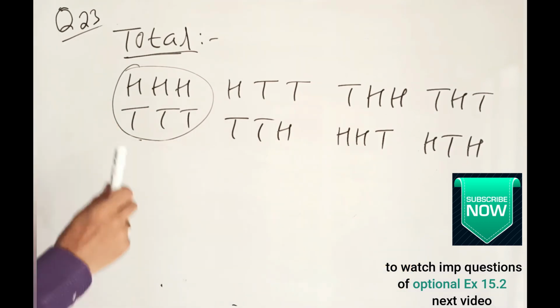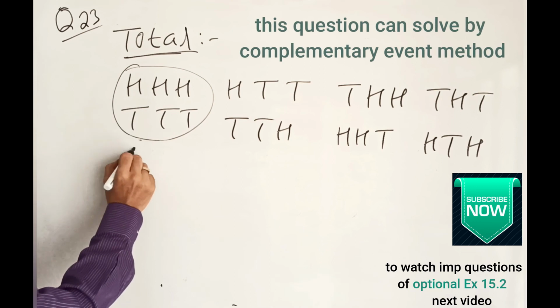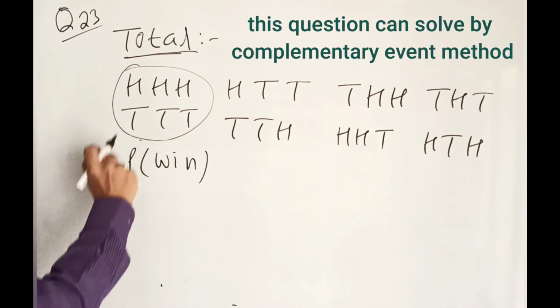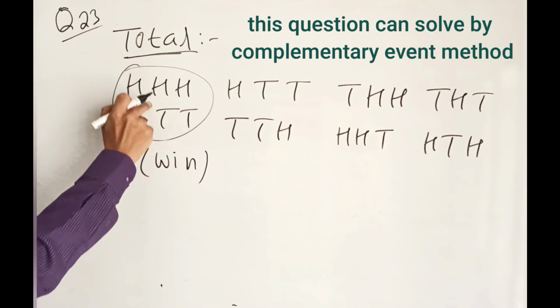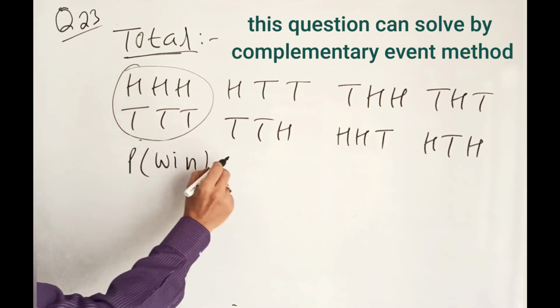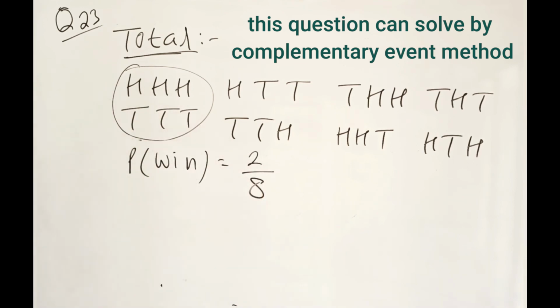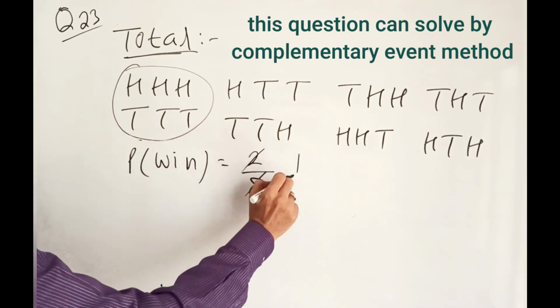Now student, this question can be done another way. Let us see the probability when Hanif wins. He wins when the heads and tails are the same. So favorable outcomes are 2 upon total outcomes 8. So this will be 1 by 4.